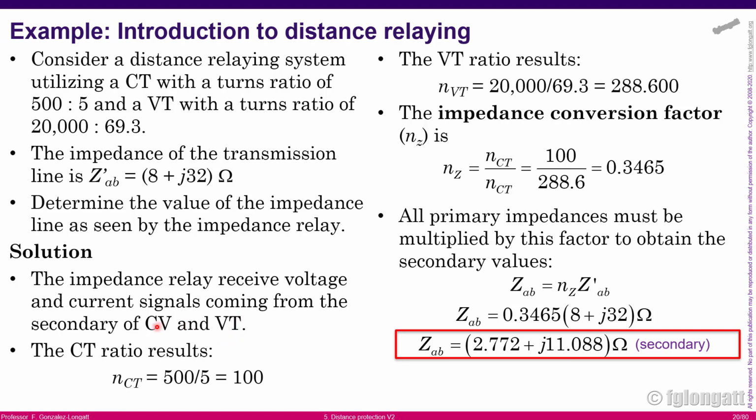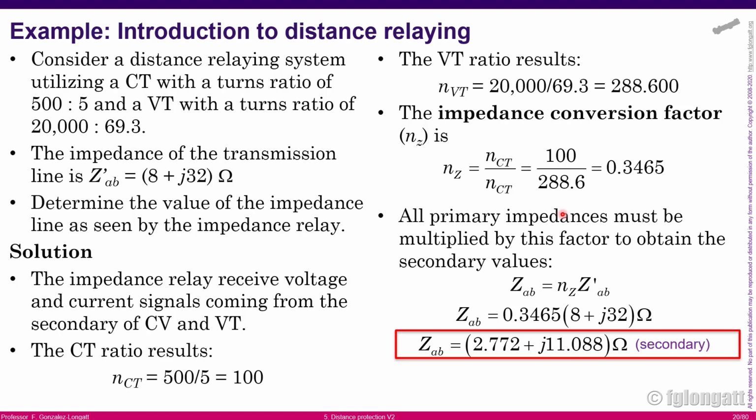For the current transformer, 500 to 5, the transformer ratio is 100. And then we have the voltage transformer, 20,000 to 69.3, that is around 289. And then the impedance conversion factor is the ratio between the current transformer ratio and the voltage transformer ratio.